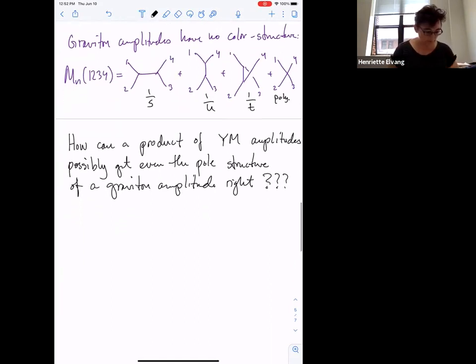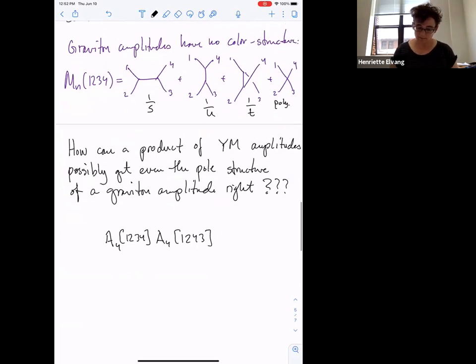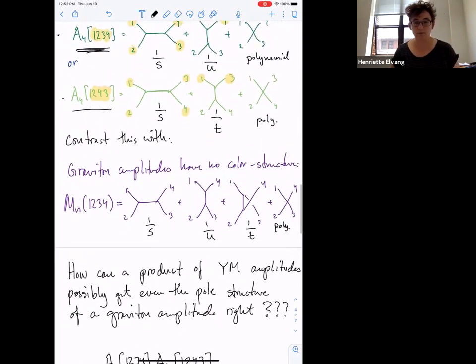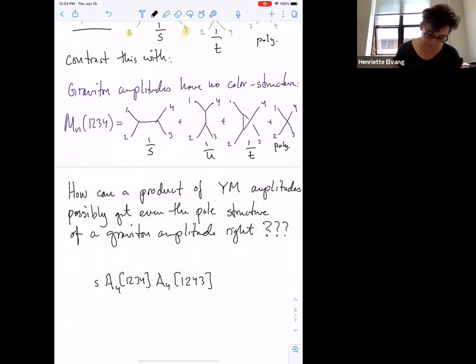Well, suppose that I have this A4, 1, 2, 3, 4, and I multiply it by the other one, 1, 2, 4, 3. As I said, one problem here is that I double the S pole. So let's just solve that problem by multiplying by S. Actually, I'll put in a minus sign just for good measure.